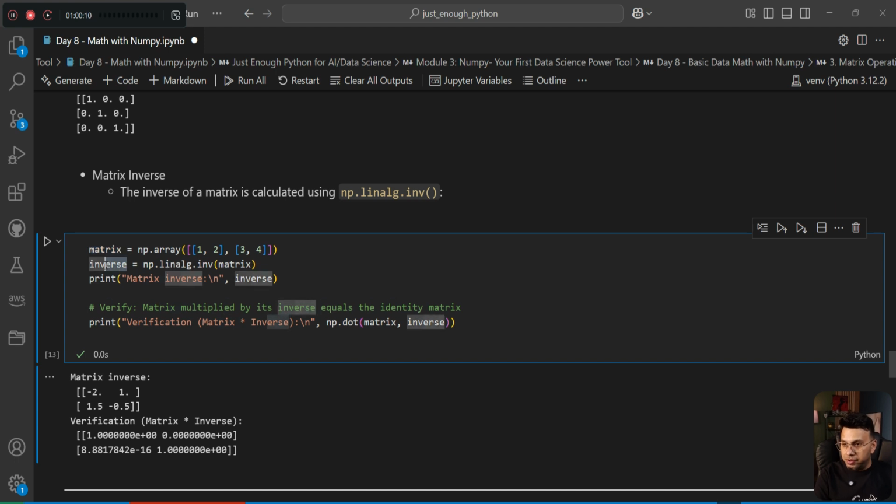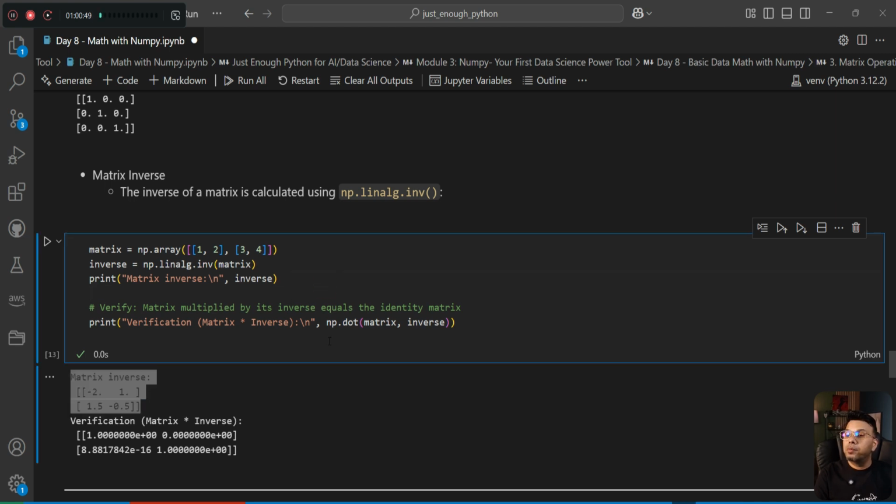We are naming it inverse, using a built-in function np.linalg.inv, and then we are passing this matrix name inside. And this is what we get. So our inverse matrix is -2, 1, 1.5 and -0.5.